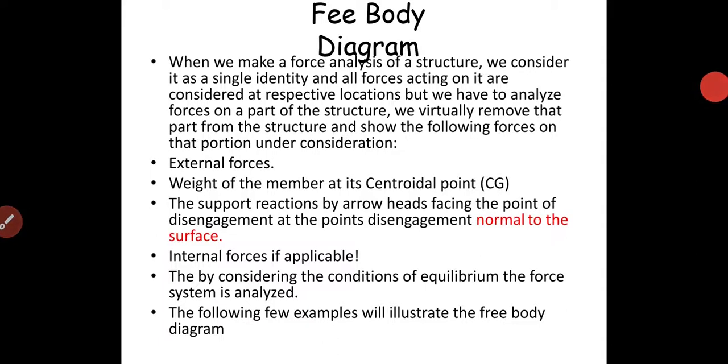Now, next very important concept, that is free body diagram. For example, we have a structure, a body on which we are dealing with the force system, but we want to analyze any one part of that body.